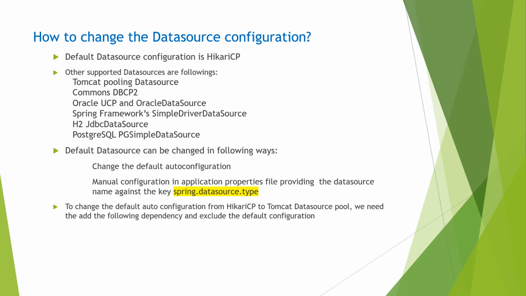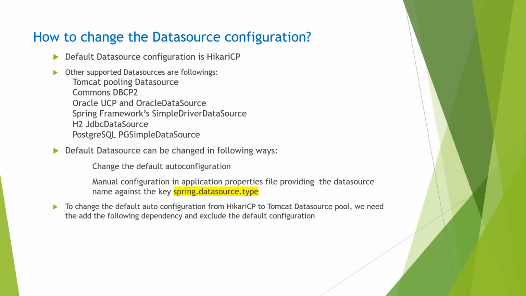On top of that we can bypass that and add our specific data source in application.properties. We need to add the data source name against the key spring.datasource.type, and Spring Boot will give the highest priority to the data source on that key. We will check in our hands-on how to change it.